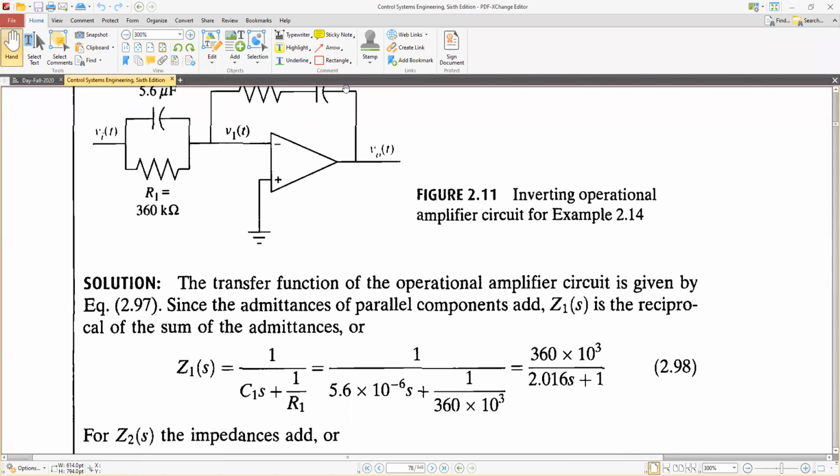Let me write it: 1 by (C1s plus 1 by R1). Since it becomes 1 by 1, it would be like this, 1 by (C1s plus 1 by R1).